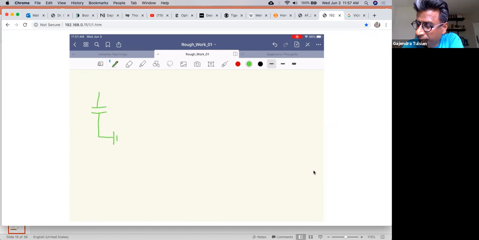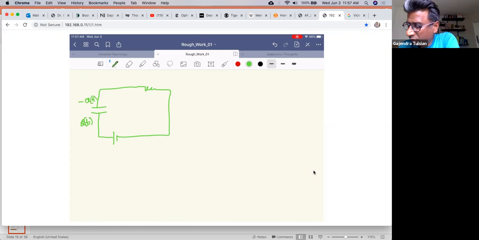Here's the circuit. Again, we are starting off here and going across this element.